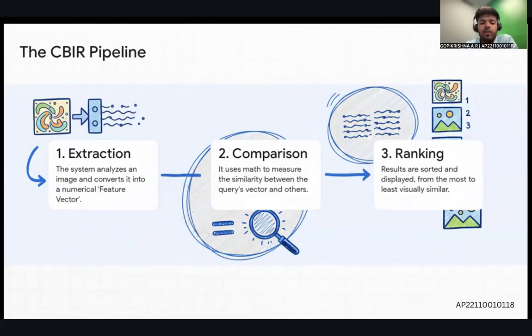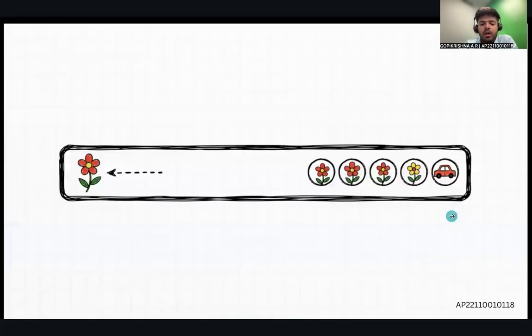Third, ranked results, where you finally get your results from the best match to the worst. The way most of us use this is called query by example, or QBE. It's simple. You give the system a picture, not a bunch of words. It's basically show, don't tell, of searching for images, and it's way easier, to be honest.